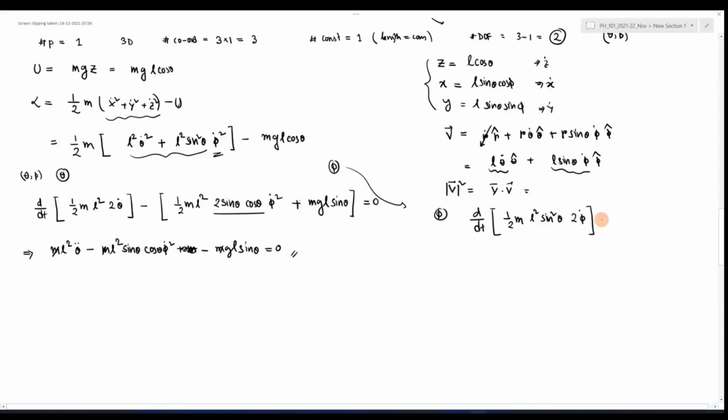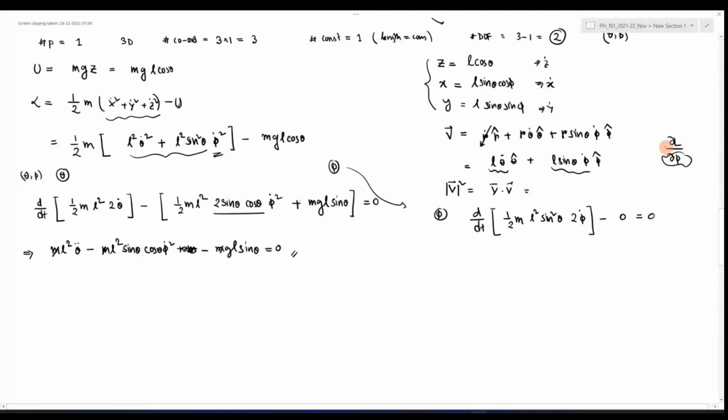Minus, is there any phi term? The first term is not having phi, the second term is not having phi, because we have to do dL/d phi. So if no term has phi, this term will give us 0.